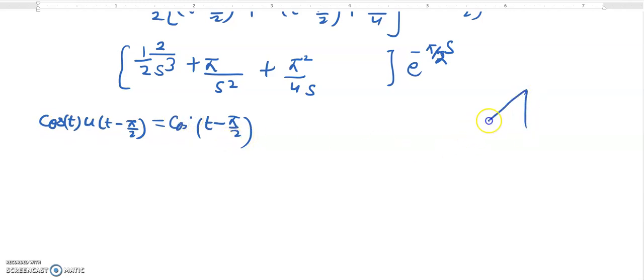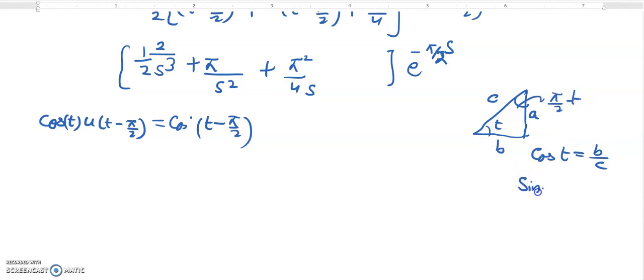We can verify this with the help of this triangle. If this is side A, this is side B, and this is side C, then cosine of t is actually b over c, and if it is angle t, then this angle will be pi by 2 minus t.